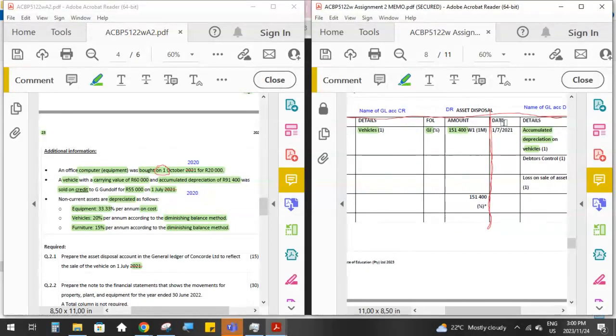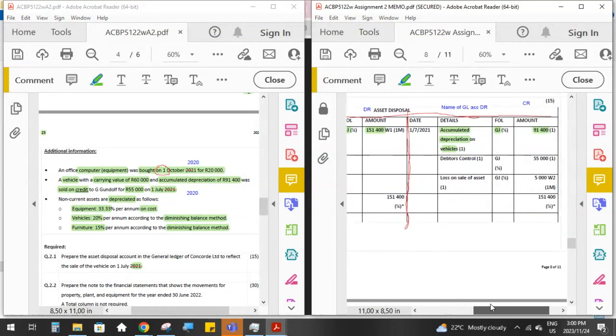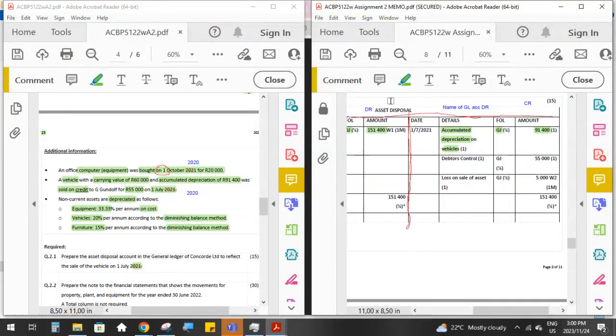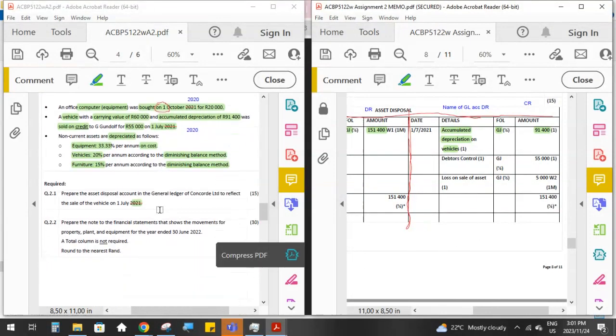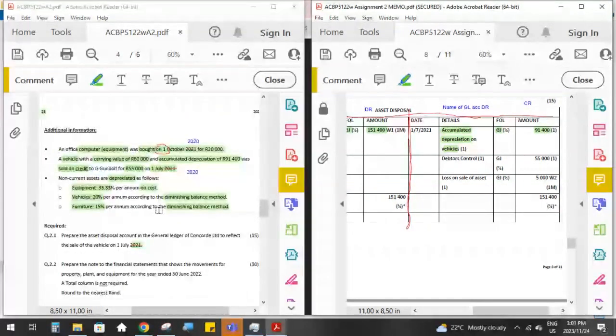So we've transferred the cost, we've transferred the accumulated depreciation, and the third amount that we must enter into the asset disposal account is the amount for which we sold the asset. How much are we getting paid for the sale of this asset? So they told us that we sold it for 55,000. Okay.